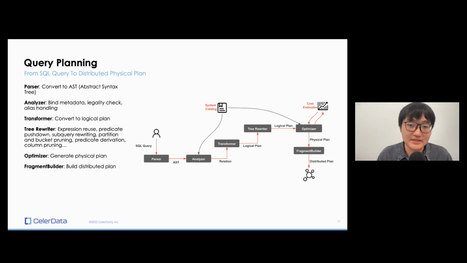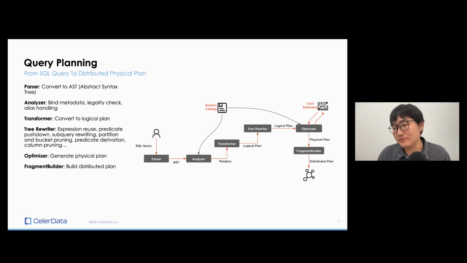And it goes into an analyzer, which binds metadata, checks if the SQL is legal, and handles all the aliases, right? And then it's transformed into a logical plan, and then further rewritten for expression reuse and predicate push down, and a lot of different things. And then it goes into the optimizer and generates a physical plan.